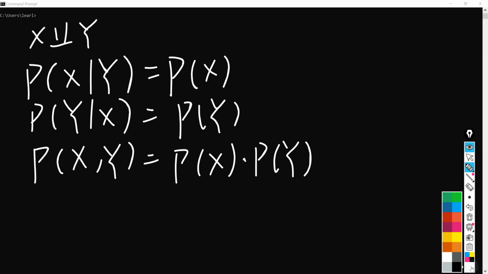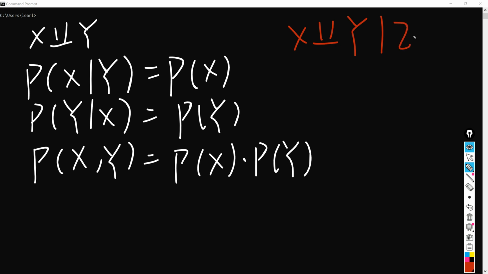Next, I would like to introduce something else, which is conditional independence. Since we know the condition sign here has a lower precedence, it will first be read like this, so you can just imagine a bracket here. x and y are independent given the condition of z. So what equations can we derive from this?